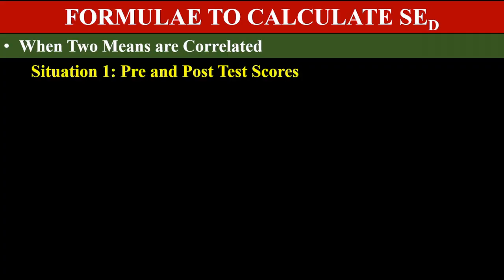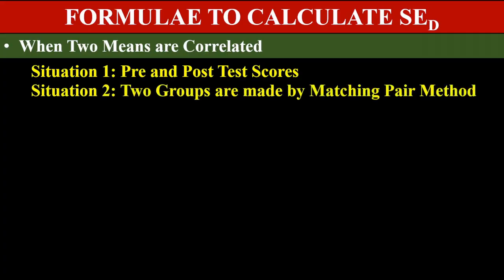When pre-test scores and post-test scores are taken and their means are to be compared, such two means are called correlated means. Situation number 2: if two groups are taken and both the groups are made by the matching pair sampling method, then the means obtained by the two groups are called correlated.